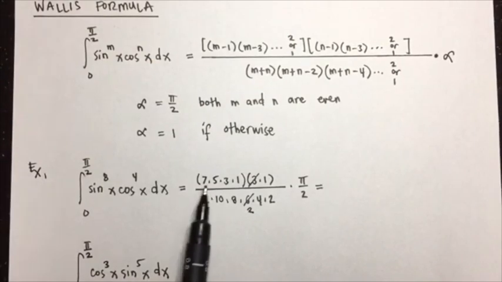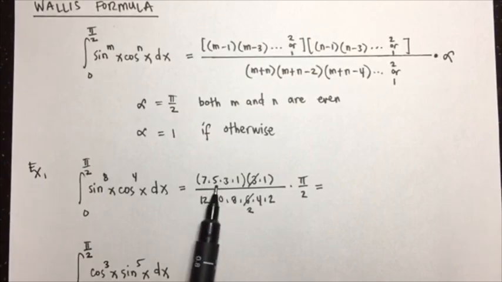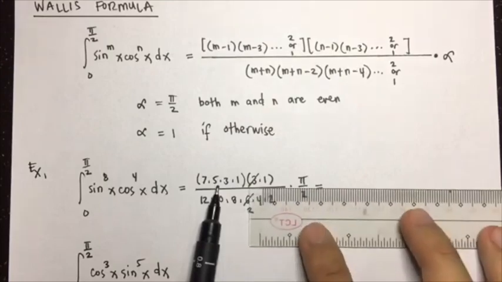So 7 times 5 times 3: 7 times 3 is 21, times 5, so 21 times 5 is 105, I think.